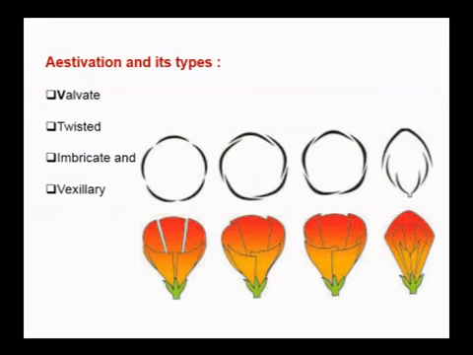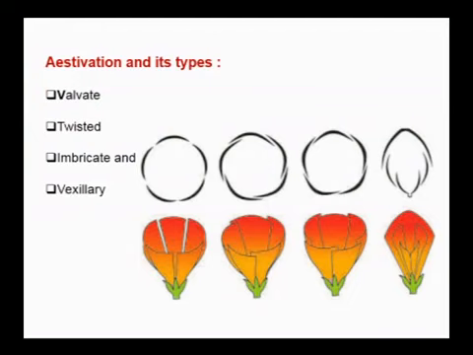The second diagram shows the margin of each member is overlapped and overlapping, it is twisted estivation. The third diagram is showing the margins of each member are not regularly overlapping and overlapped, it is known as imbricate.